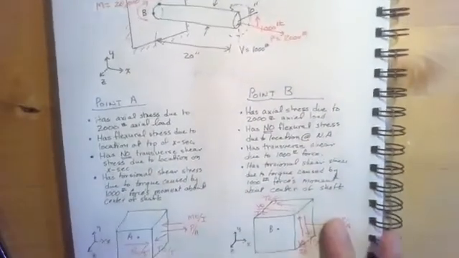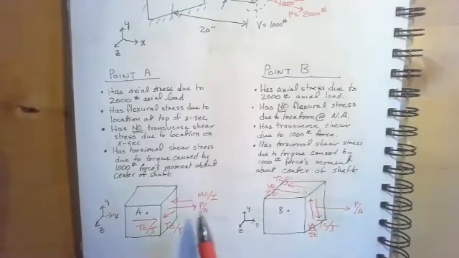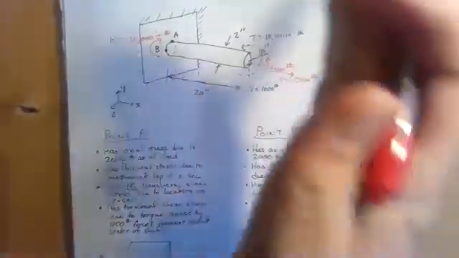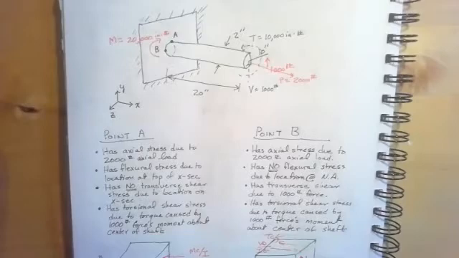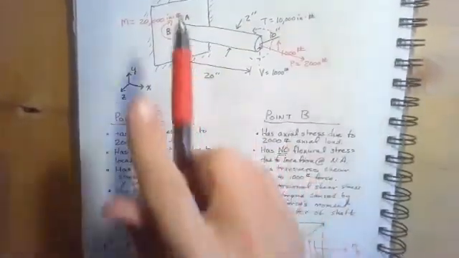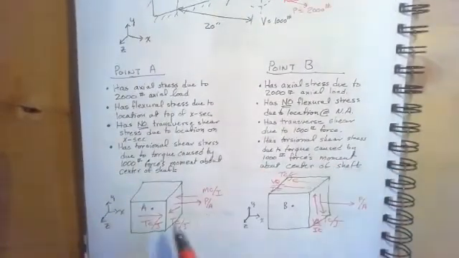So let's see if we can visualize what's going to happen at point A and point B. So point A would have axial stress due to the 2,000 pound axial load, and that's going to be given as P over A. Point A is also going to be compressing as a result of bending the shaft this way as a result of the force V. So as point A is at the most extreme point, we would have the formula MC over I, but it's going to be compressive, so it's going to push in on the X face of our element.